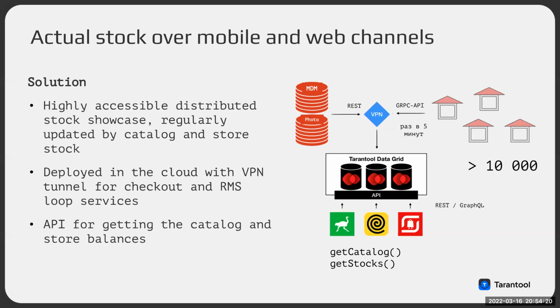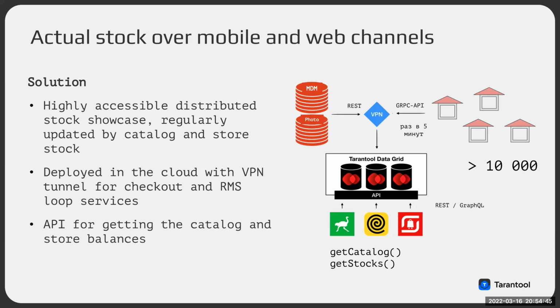Then we had to make a small gRPC server, which would take the requests from all the shops. Once in 5 minutes via gRPC API, the shops will push the whole catalog and all the current balances they have, and we will work with this load.